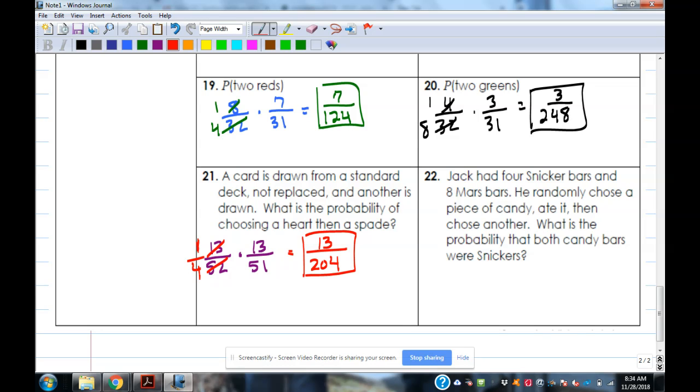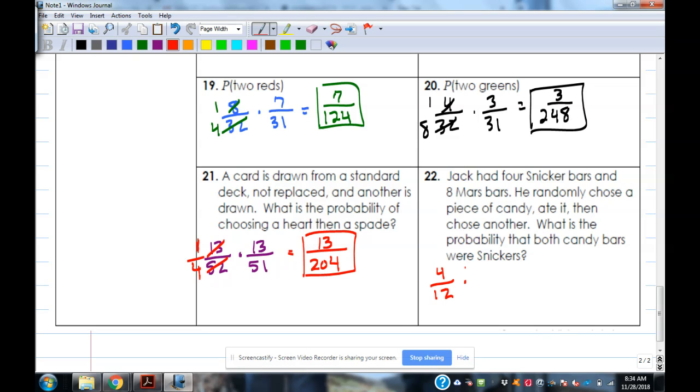22. Jack had 4 Snickers bars and 8 Mars bars. He randomly chose a piece of candy and ate it. And then he chose another. What's the probability that both candy bars were Snickers bars? Okay. What's the probability of picking a Snickers the first time? 4 over 12.